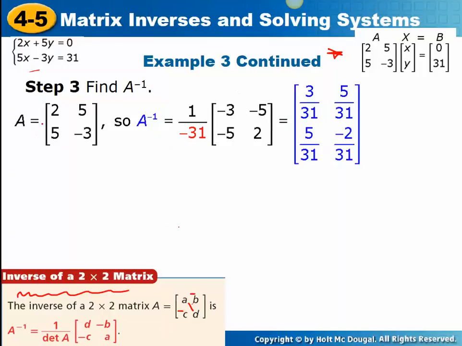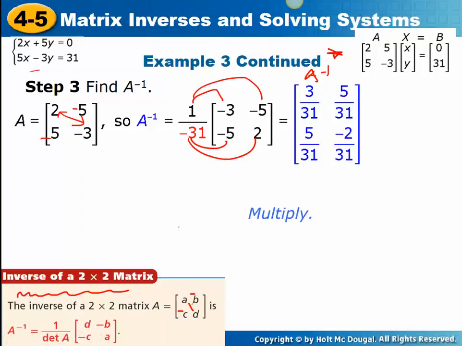So we are going to switch these two and take the opposite sign of those two. And then we have to multiply that by 1 over the determinant, which is 1 over -31. This is just scalar multiplication, which means you just take 1 over -31 times every entry. And this then is the inverse matrix of A.